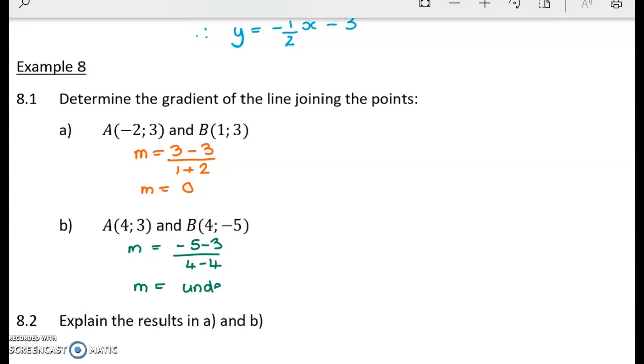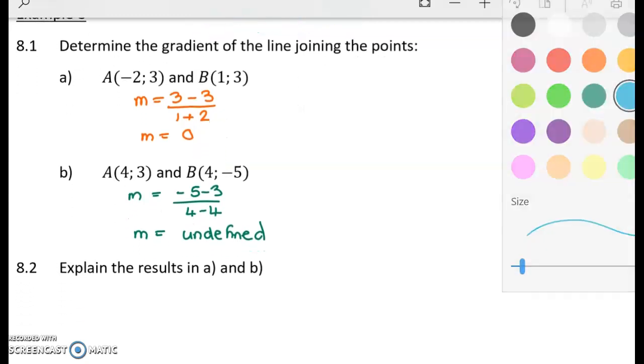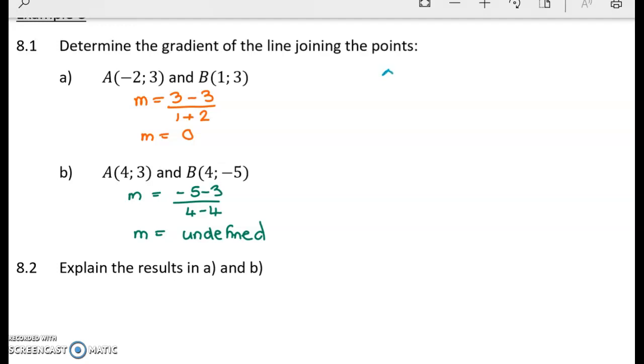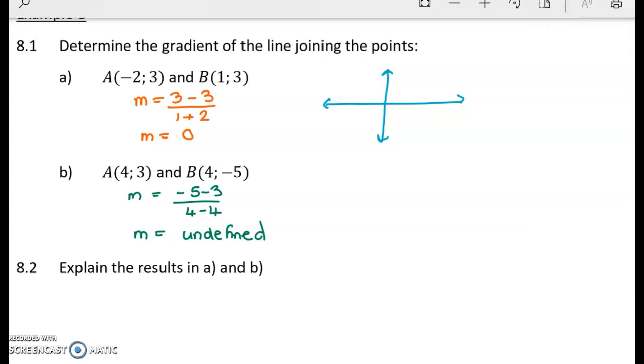That means you get a problem. So what's going on here? Explain yourself. Basically what happens here is that the gradient of a graph is 0, there was no change.